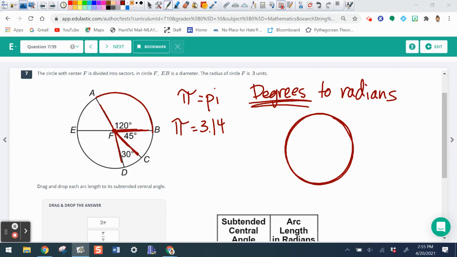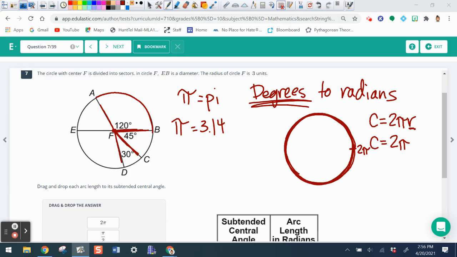If you recall, the total distance around a circle is known as the circumference, and the circumference formula is 2 pi r, where r is the length of our radius. So for a circle that has a radius of 1, the circumference would be 2 times pi times 1, which is 2 pi.